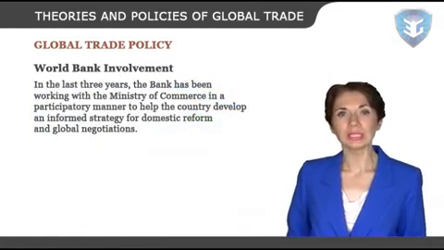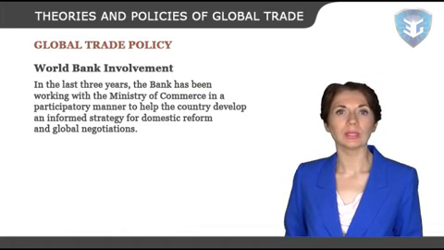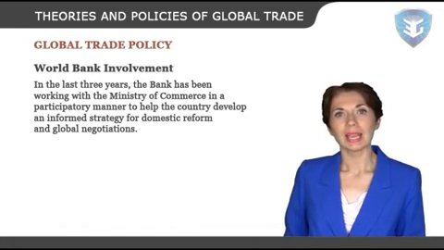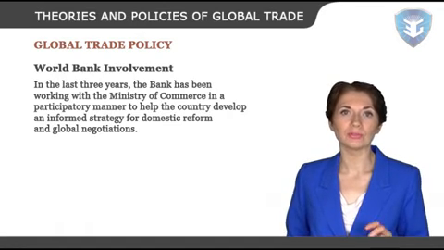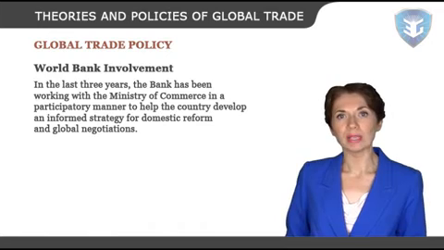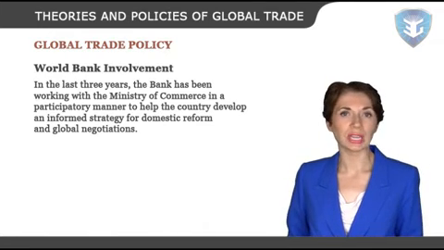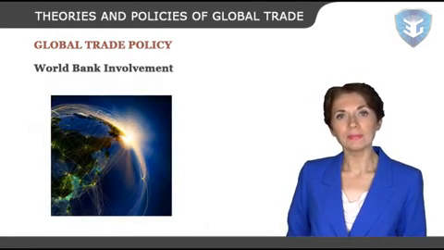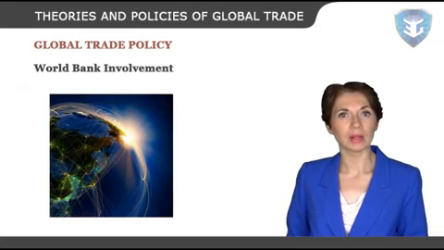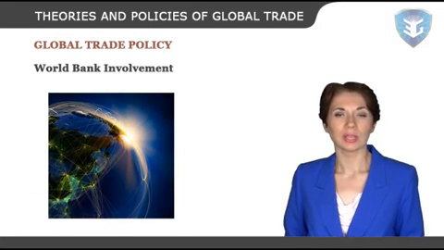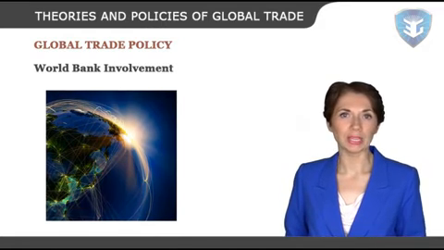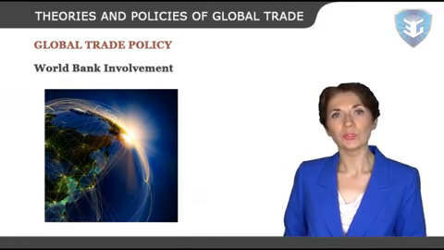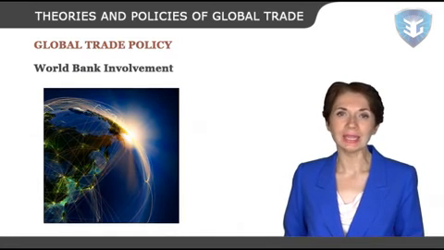In the last 3 years, the bank has been working with the Ministry of Commerce in a participatory manner to help the country develop an informed strategy for domestic reform and global negotiations. Given the sensitivity of trade policy and negotiation issues, the bank's role has been confined to providing better information and analysis than was previously available to any country's policymakers.